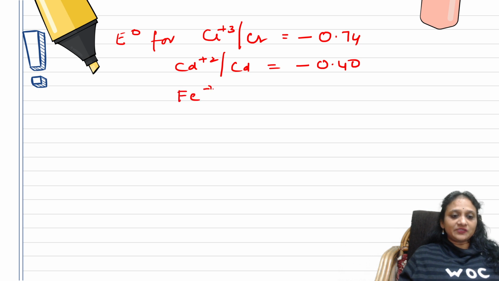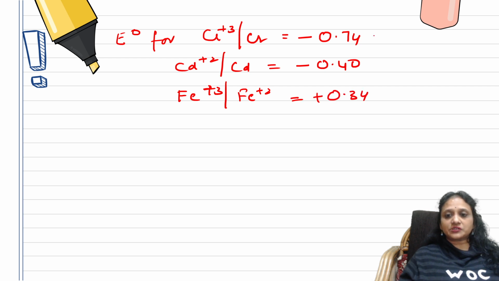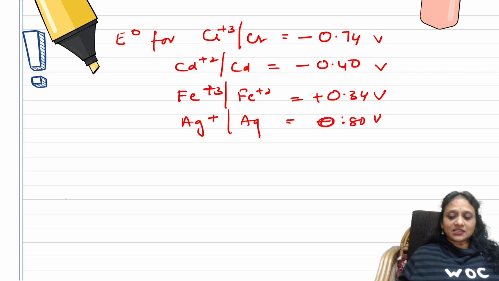For Fe plus 3 by Fe, this will be given to you in the exam. Not a problem. These are all in volts. And the last one, silver, the Ag plus by Ag value is 0.80.